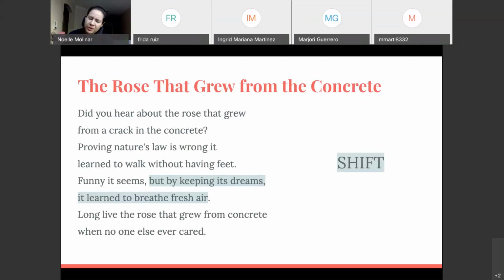It's like, oh, things are difficult, nobody cares, law is wrong, but, and we have that turn, but this rose will continue to survive. So that's an attitude and a little bit in time because it says that it learned to breathe. So it learned, we have our ed ending, which tells us that this happened in the past. So the rose learned how to survive in the past, and is continuing to breathe this fresh air.